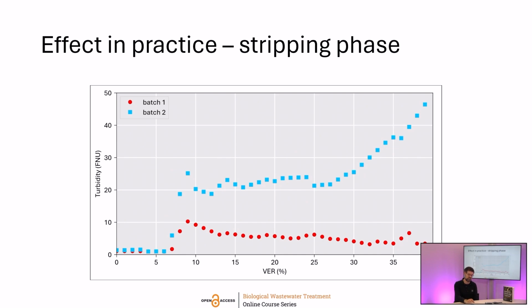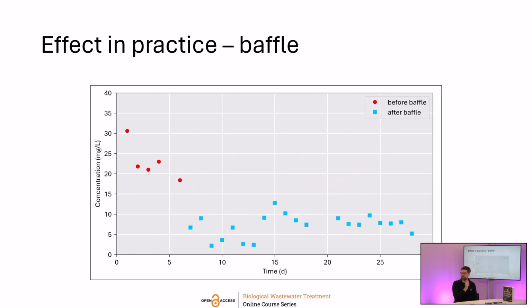On top of that, we also did a test with the baffle. And what we also saw is that actually getting the baffle in really helped in getting that effluent suspended solids lower. And in this case, we were pretty consistently between 5 and 10 milligrams per liter of suspended solids, which is kind of the market standard for effluent suspended solids.